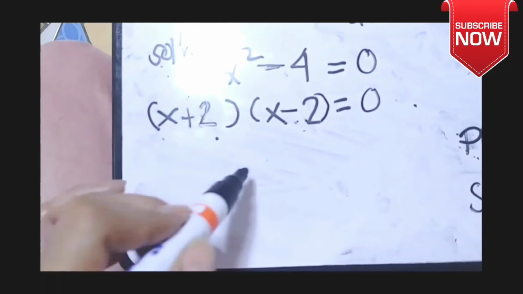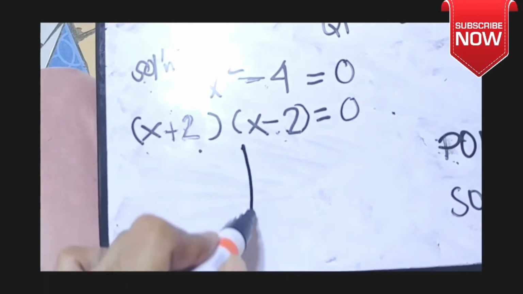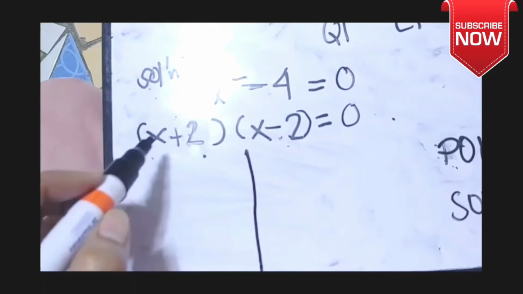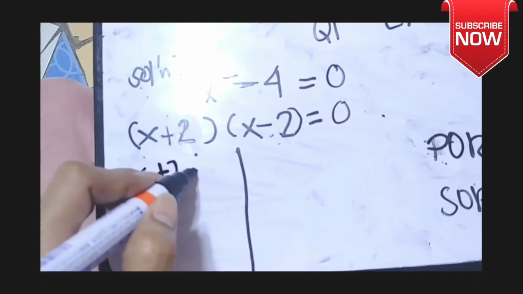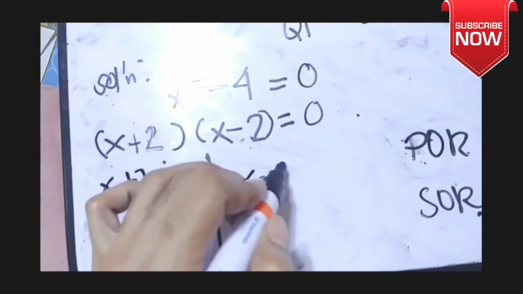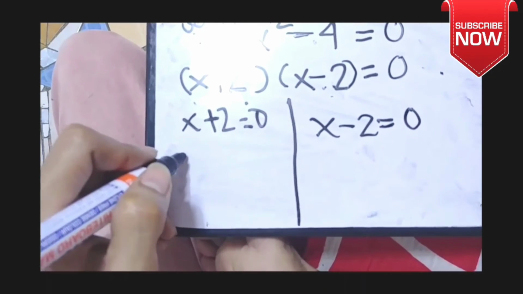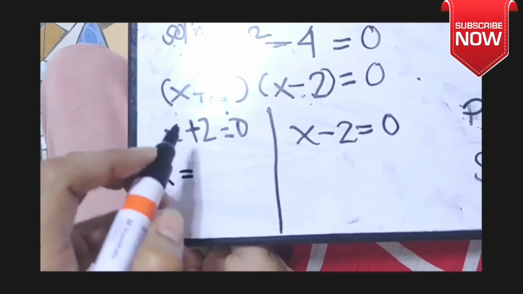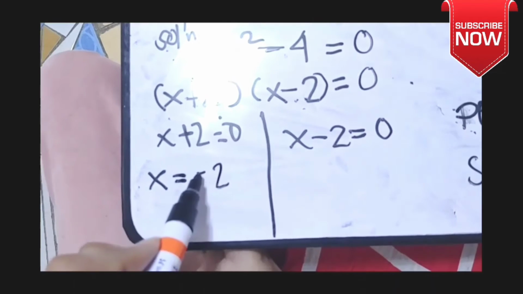factoring natin, so, gagawa tayo ngayon ng division. Isosolve natin separately. Yung first term, that is x plus 2 is equal to 0. Then x minus 2 is equal to 0. By transposing, x is equal to negative 2. Kasi pag nilipat natin yung positive, magiging negative 2.